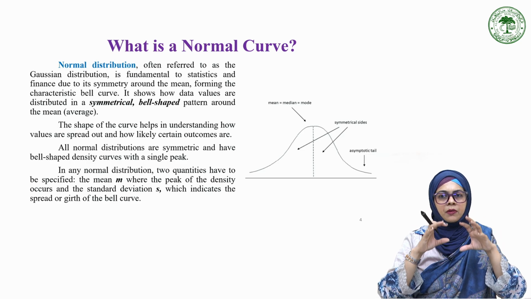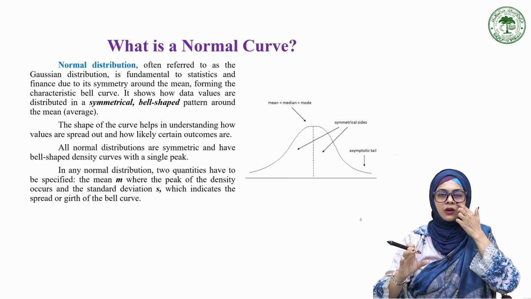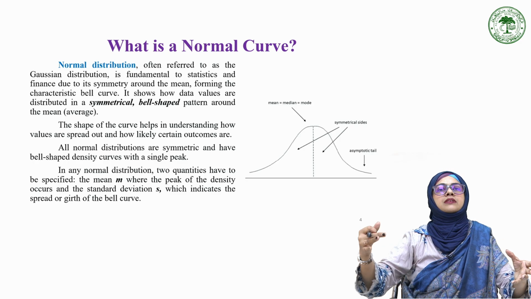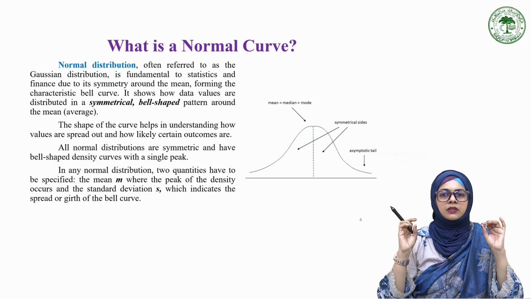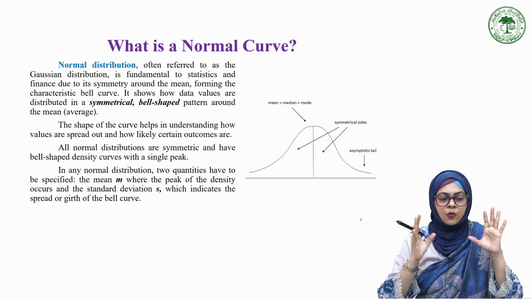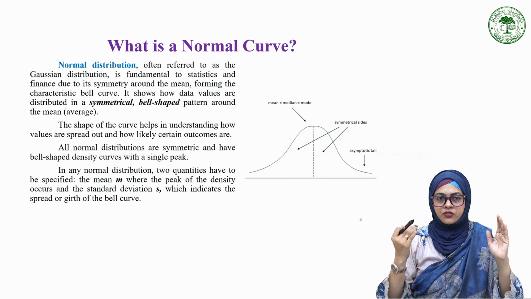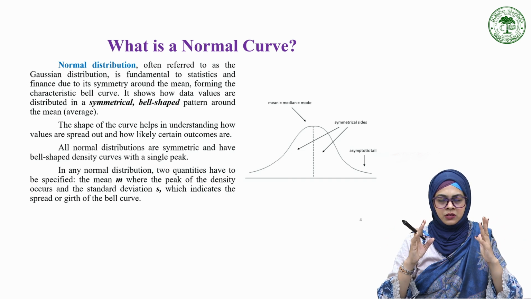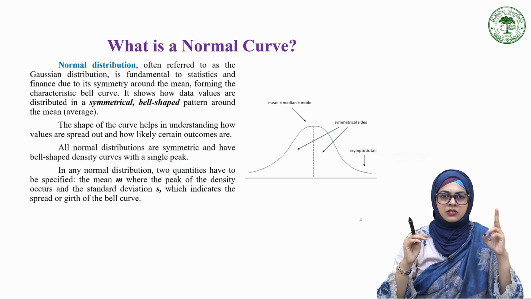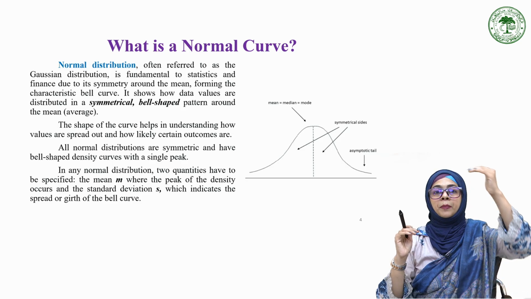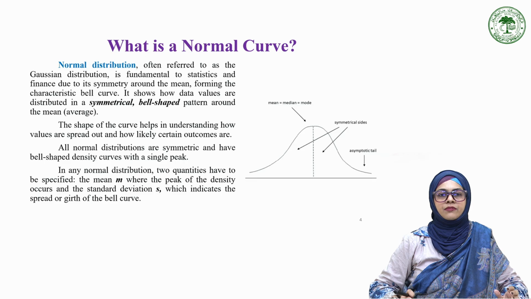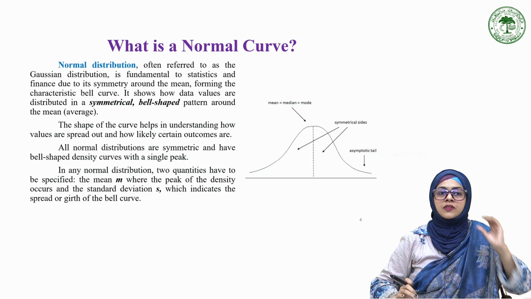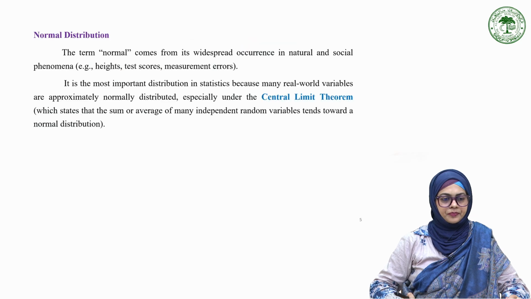When any body of observation conforms to this particular mathematical form, it can be represented in the bell-shaped curve with definite characteristics. So what are the characteristics? It is symmetrical, it is bell-shaped, and it has two quantities: the mean, which is in the form of the peak, and S, the standard deviation, which shows the spread, the tails, the girth of the bell curve.